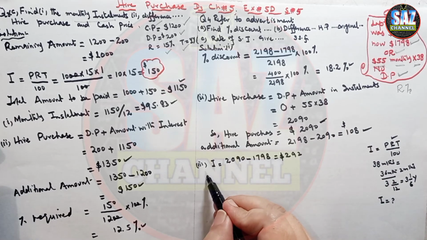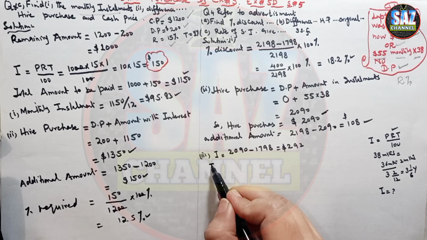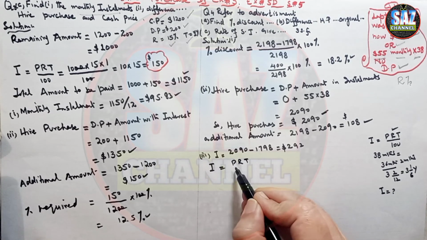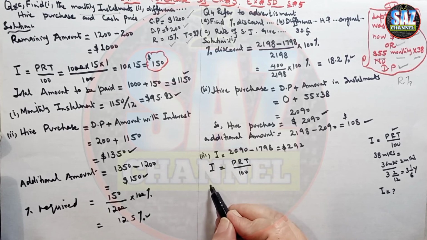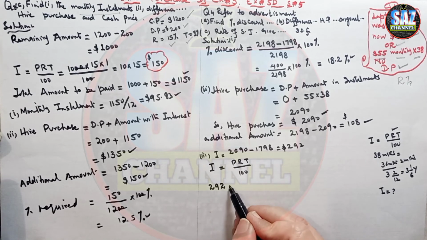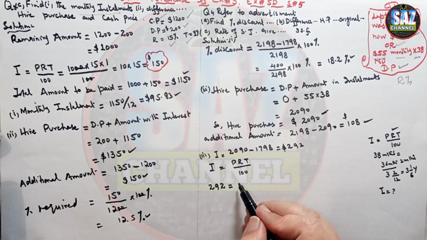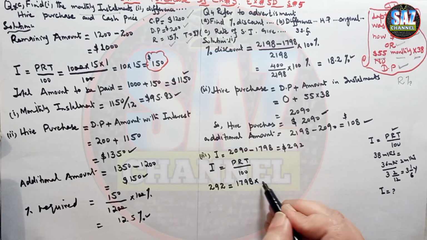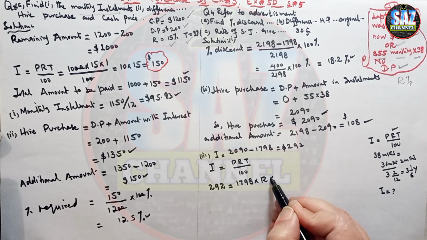Now I have to replace the values in the formula I equals PRT upon 100. I is 292, and P is 1798. Rate is unknown, that we have to find.